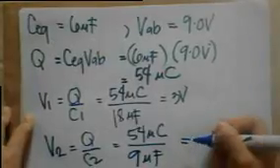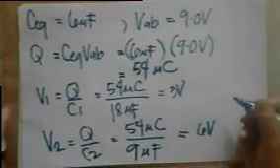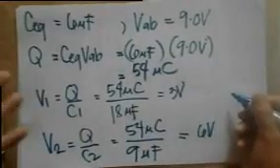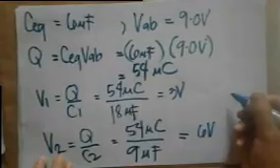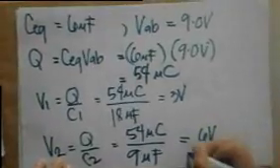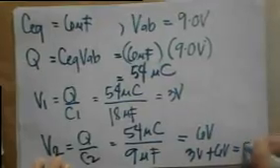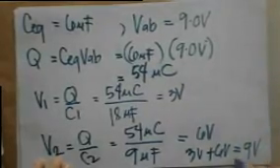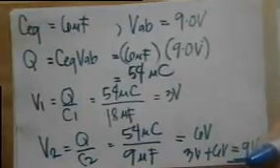So 54 divided by 9, we have 6 volts. And again, this is a series connection, and the total voltage across is equal to the sum of the individual voltages. So we have 3 volts plus 6 volts equals 9 volts. This is our net voltage, 9 volts.